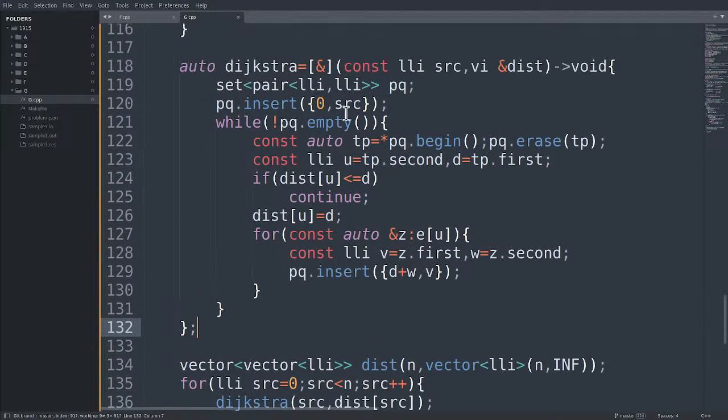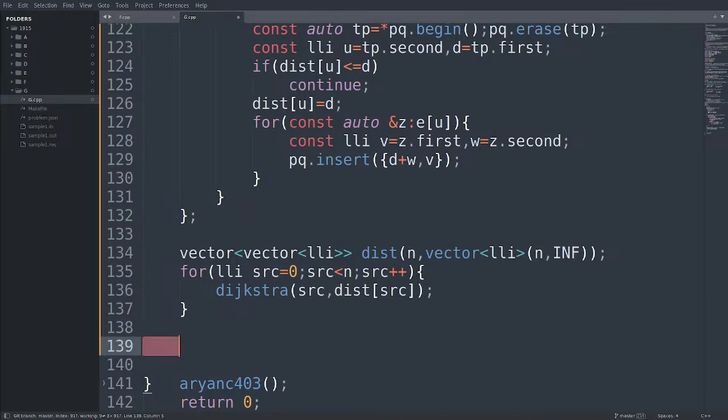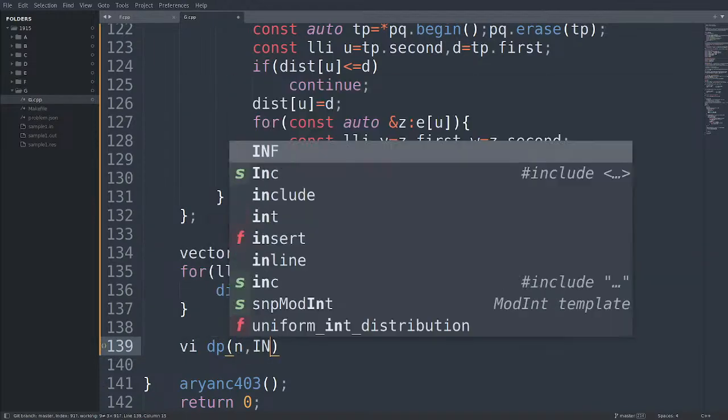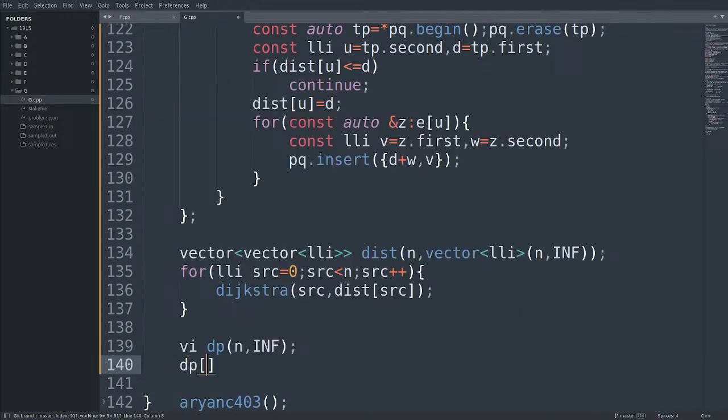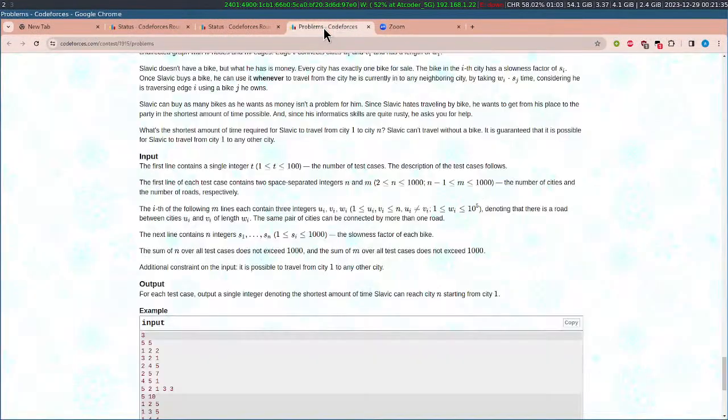Okay, once we have done this, we can come to a DP array. I can probably skip the 2D array DP part over here. I start everything with 0. What we will need is to club all the bikes, because it is not given that all the slowness factors are distinct.